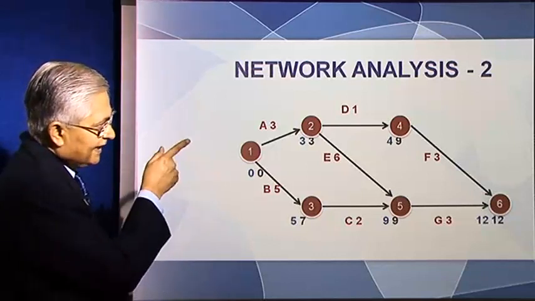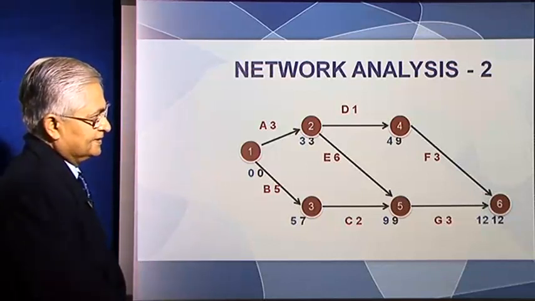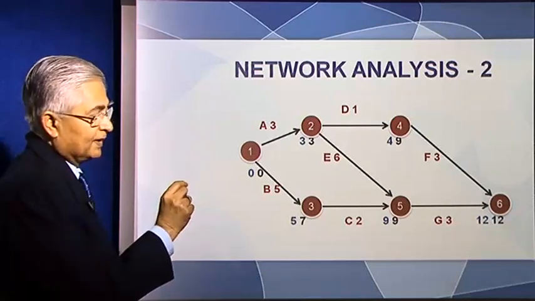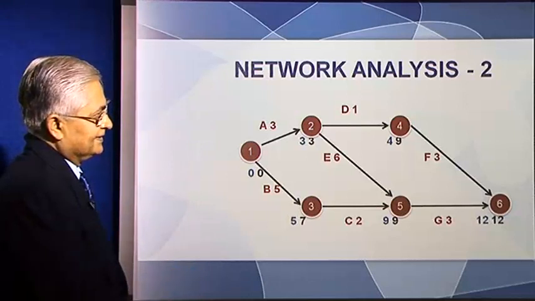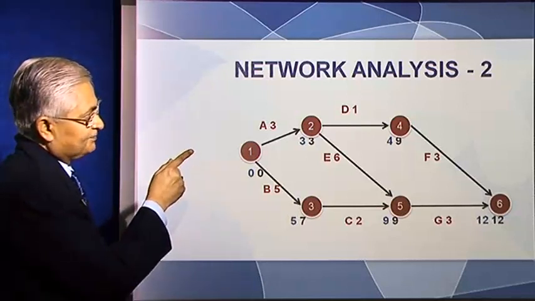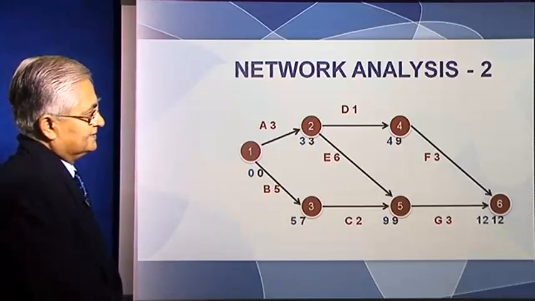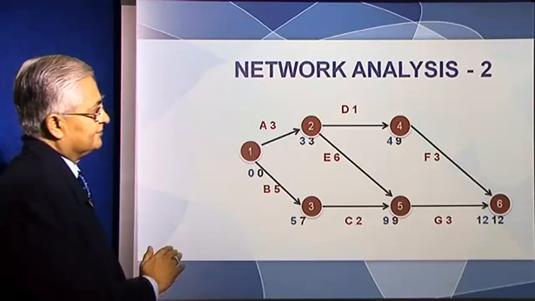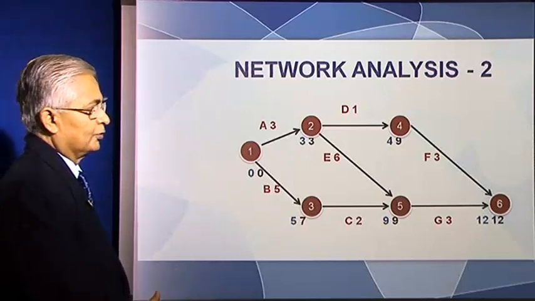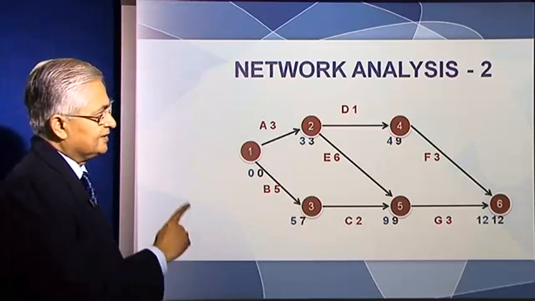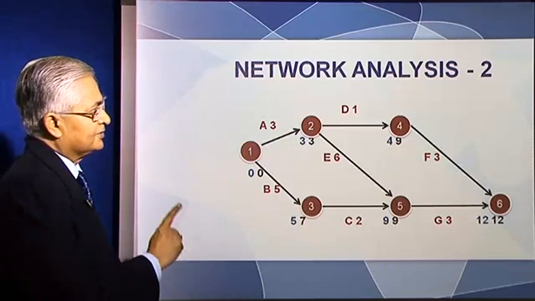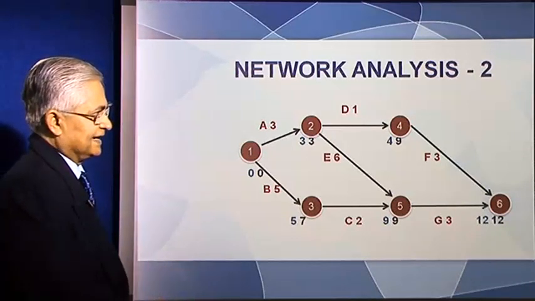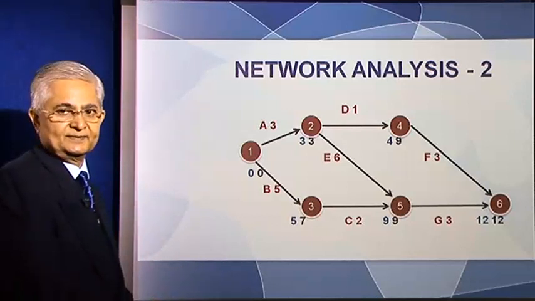Now that activity F takes 3 months, this 12, the black 12 at 6, minus 3 is 9. So we can afford to reach event 4 at the end of the 9th month and still reach event 6 at the end of the 12th month.